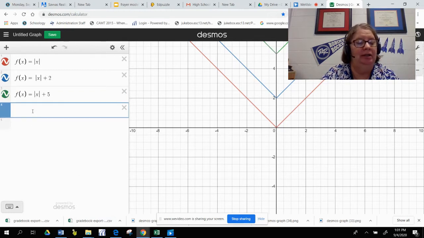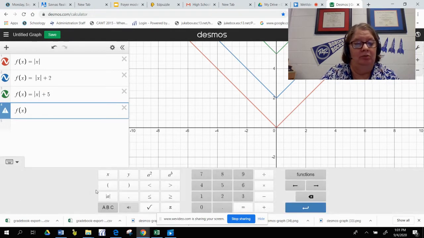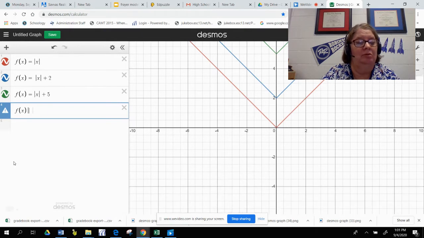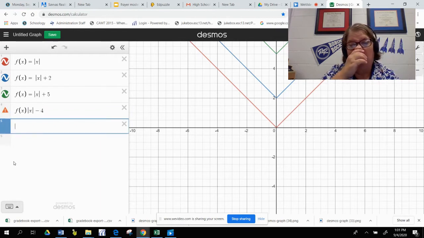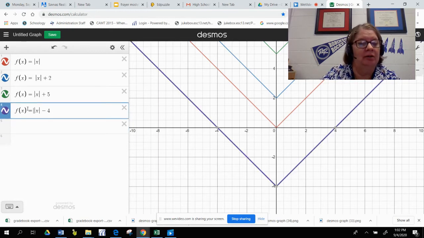Okay, let's see. What else can we do? What if we subtract k? Right arrow to get outside the absolute value bars, minus 4. Uh-oh, you know why I'm not seeing anything? I missed the equal sign right here. There we go. What happened to that graph?